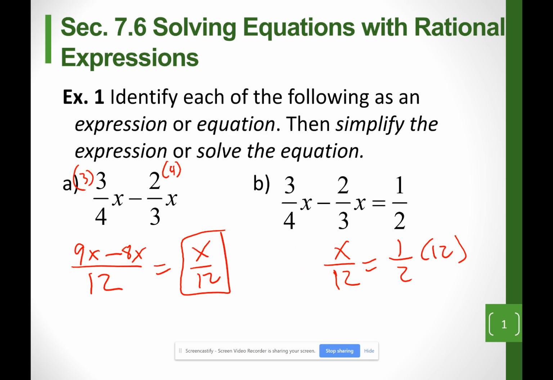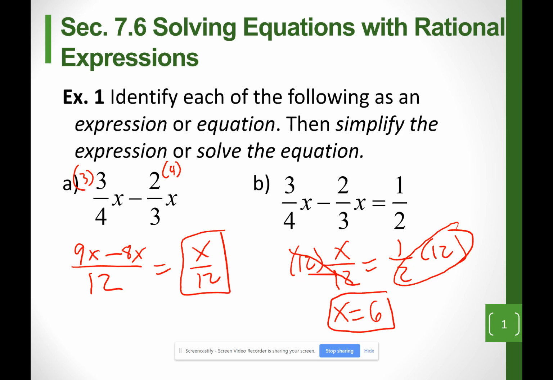Remember, here I'm going to go 12 divided by 12. My result, I'm going to multiply to the top. So I get an x on top. Here I go 12 divided by 2. My result multiplied to the top. And I get that x is equal to 6. That's one way of doing it.